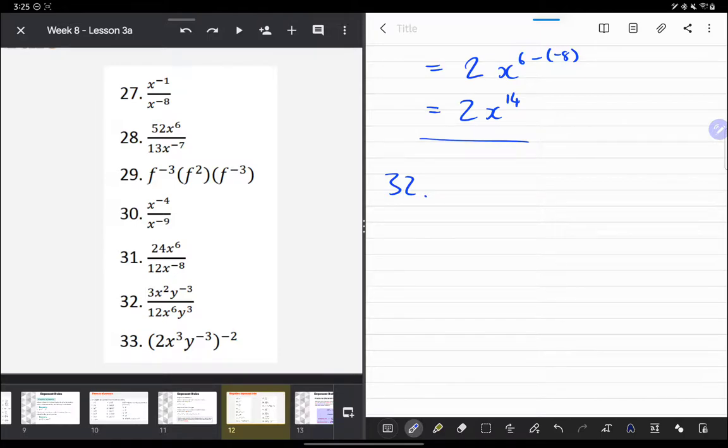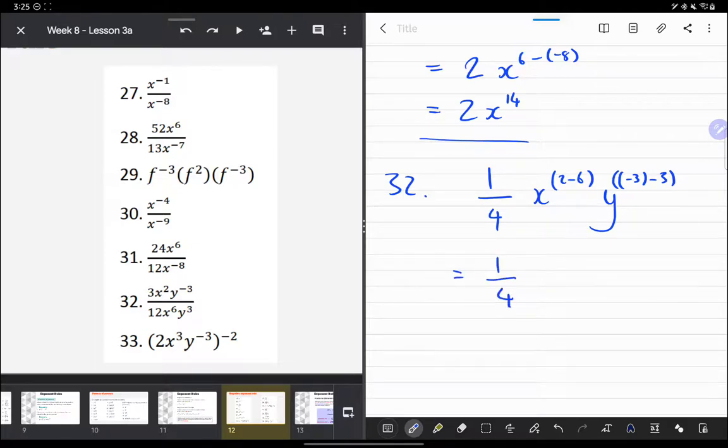So 3 over 12 becomes 1 over 4. Yep. The x variable, the exponent is going to be whatever this is. Cool, and the y variable is going to be whatever this is. Right? Cool.